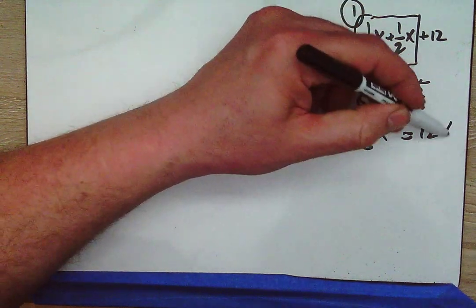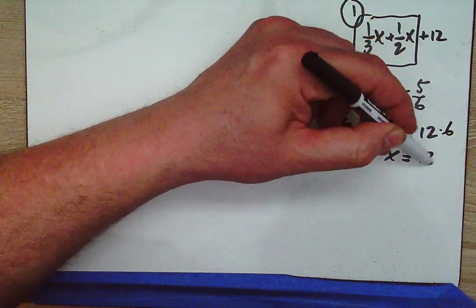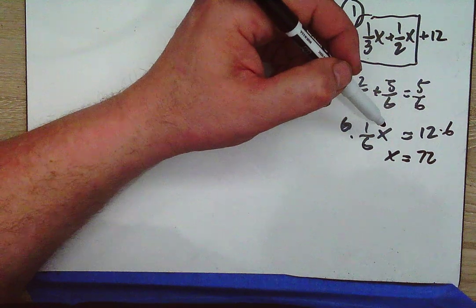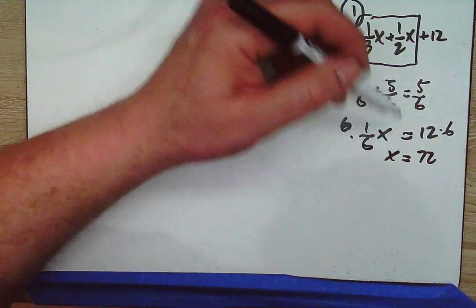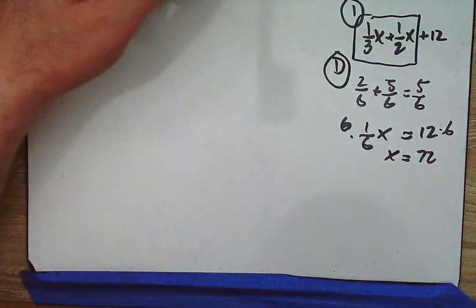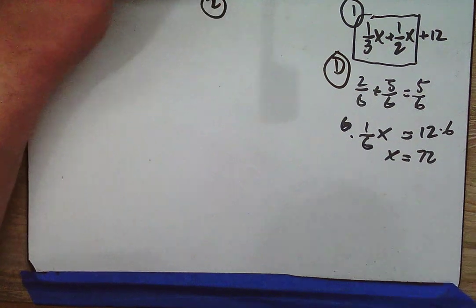Multiply both sides by 6, and we get x equals 72. That corresponds to choice D. D for number 1.